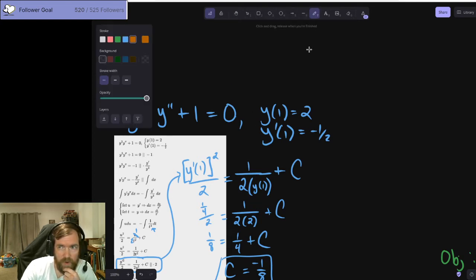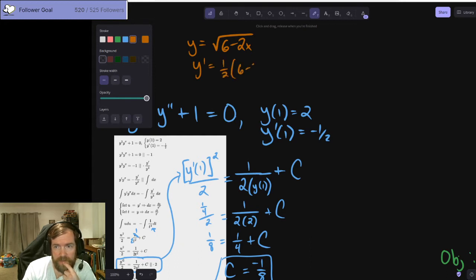So you're saying that y should be equal to square root of 6 minus 2x. Alright, y prime is going to be equal to 1/2 times 6 minus 2x to the negative 1/2 times negative 2, which is going to be the derivative of the inside.